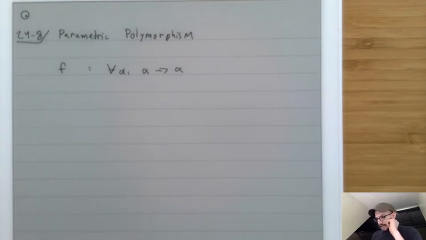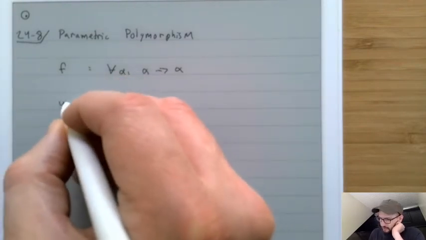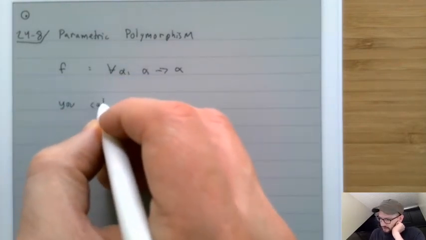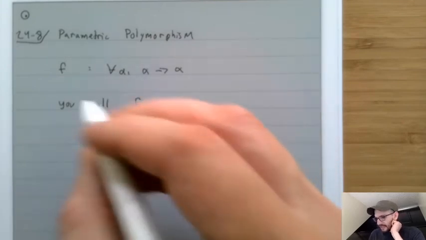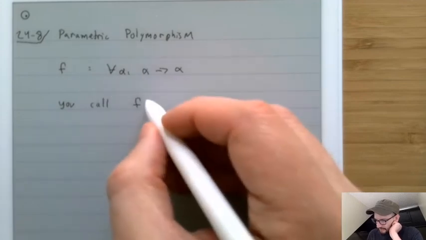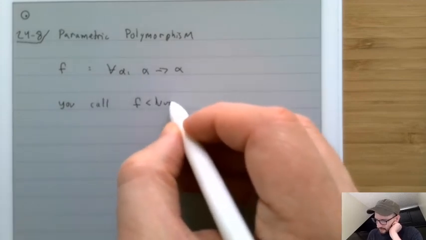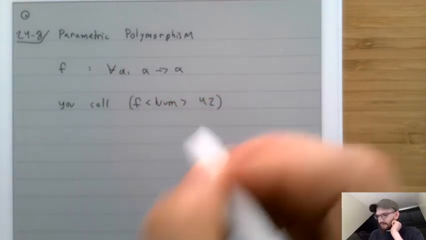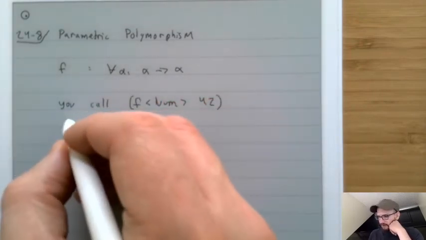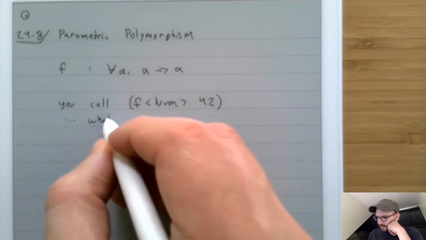Now, I'm going to tell you that you are going to call f, you're going to instantiate, so you call f of number with 42. Okay? Now, what number comes back?